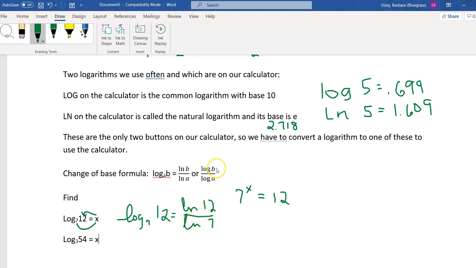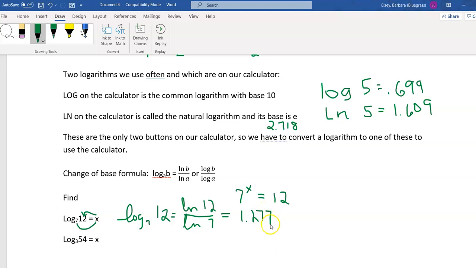Now, I could have used log, but if I choose to use a log, I have to stick with a log on both the bottom and the top. And if I choose to use ln, I've got to stick with ln on both the bottom and the top. All right, so let me stick natural log of 12 divided by natural log of 7 into the calculator, and I get 1.277. I'm going to round to 3 decimal places.